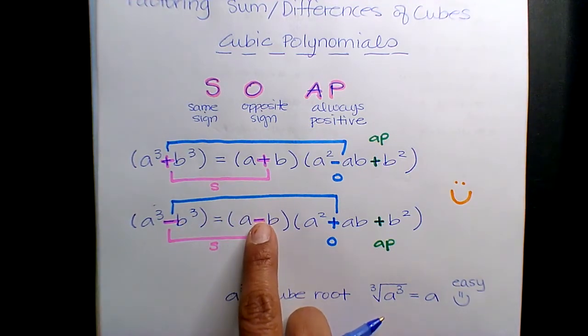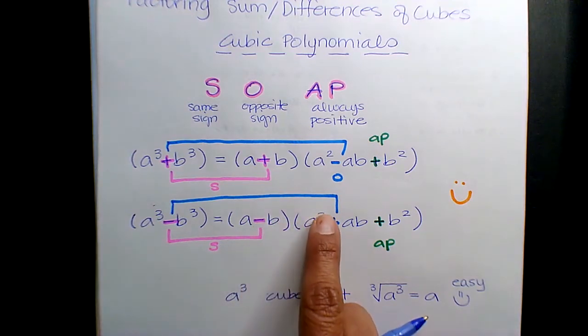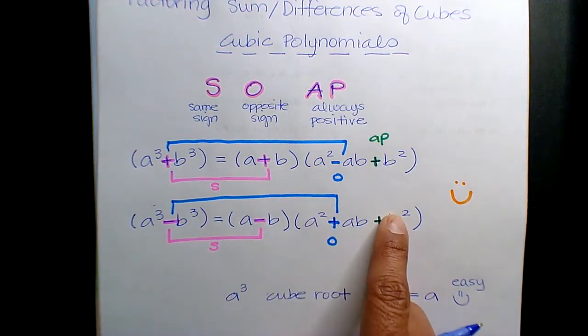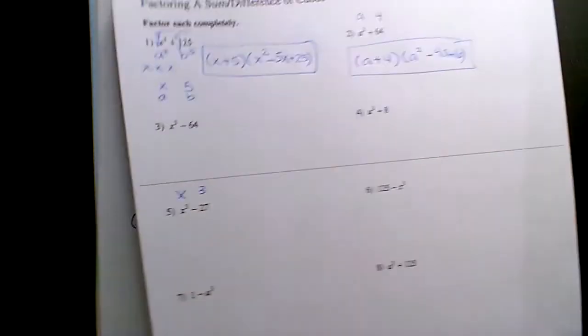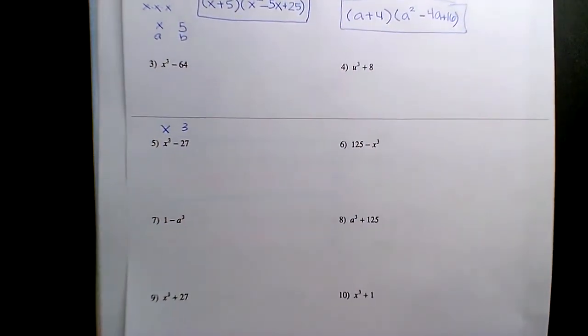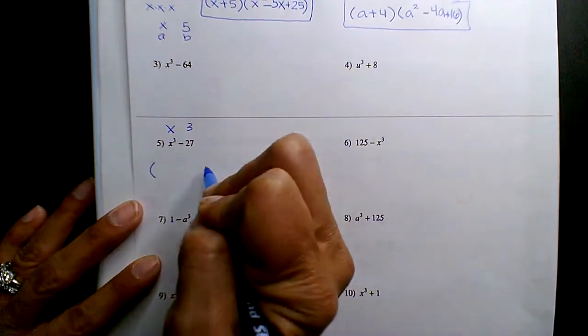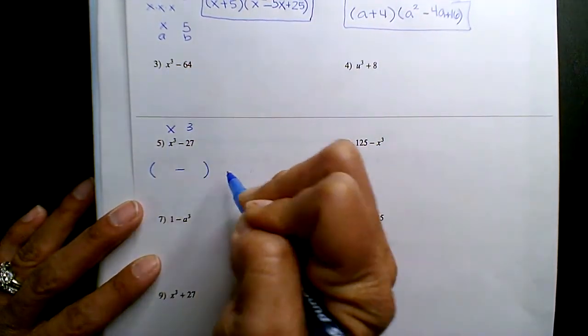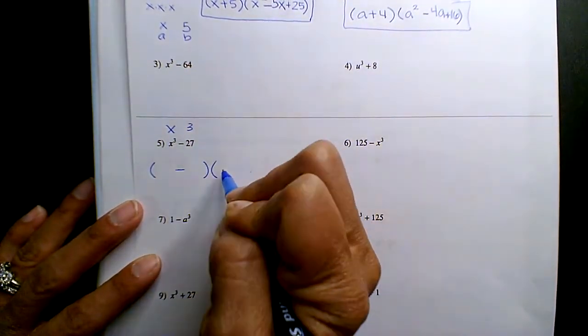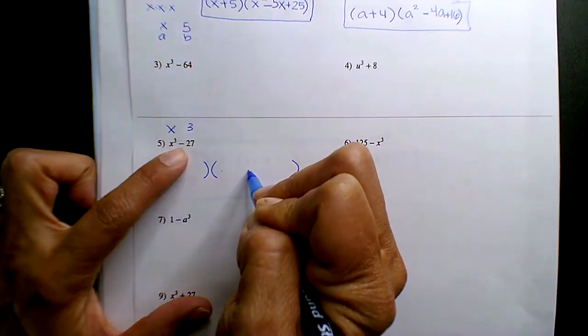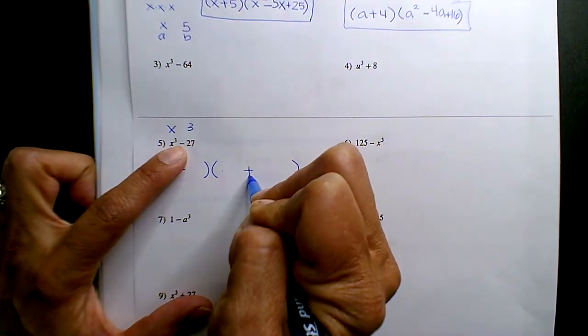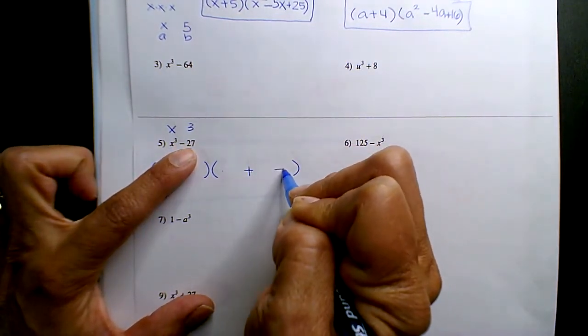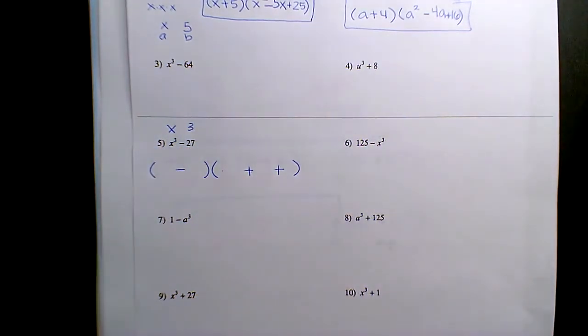So you're only going to have one negative on the linear, but on the quadratic root, they're all positive. All right, so where am I on 5? If I write it big so I don't mess up, this is same sign, negative, this is opposite sign, so since it's negative, it's positive, and then the third is always positive. And so that's how my signs are going to go. And then you just fill them in.